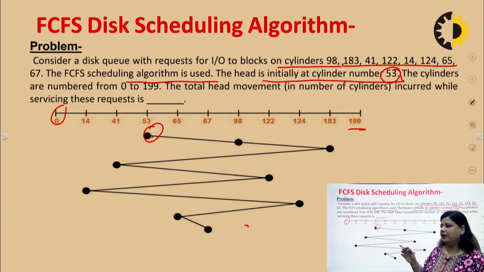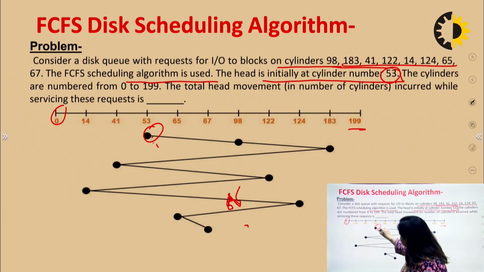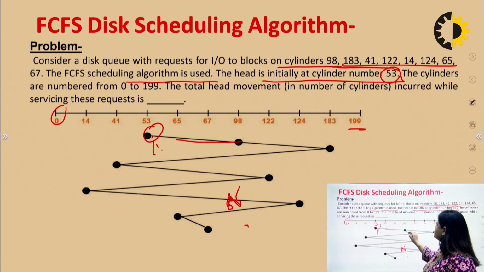In the case of the FCFS scheduling algorithm, the string is already given. The starting point of the head's movement is 53, and after that the head goes from 53 to 98, as given in the string.